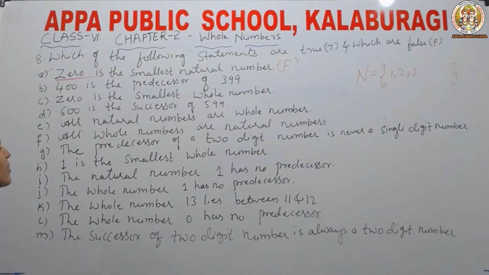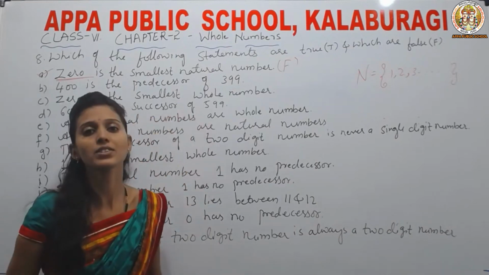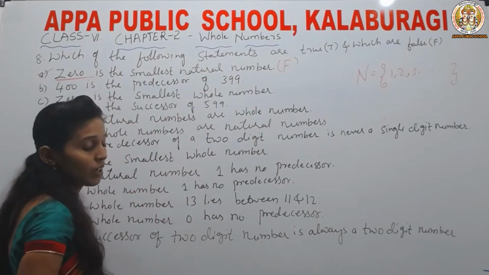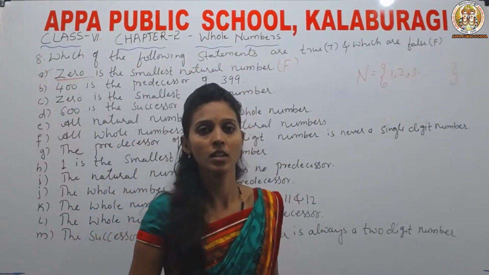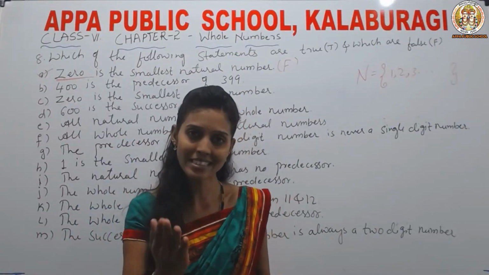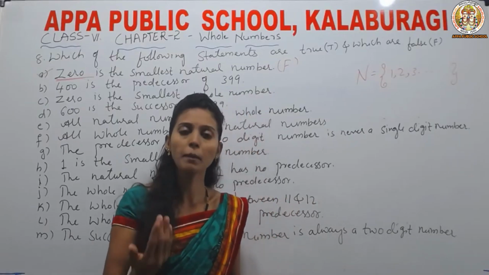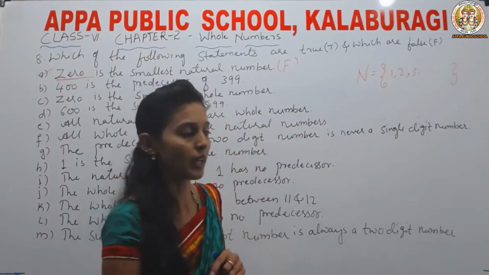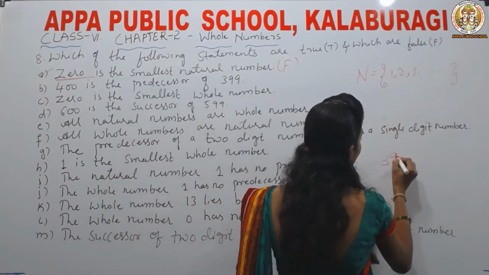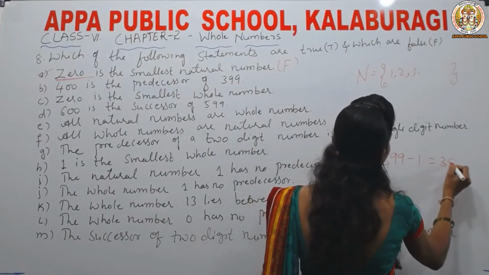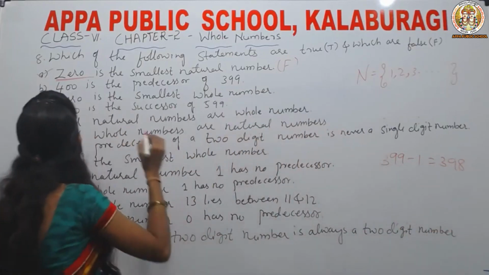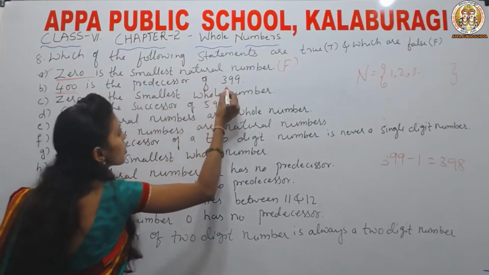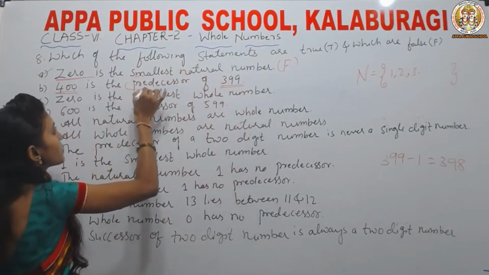Then, second one: 400 is the predecessor of 399. What is meant by predecessor? Predecessor is nothing but one step previous. To find the previous number, we have to subtract 1. If I subtract 1 from 399, I'll get 398. But they said 400 is the predecessor of 399. See the word predecessor.